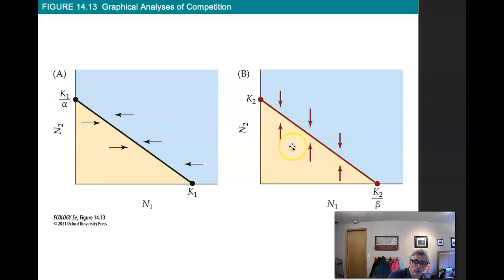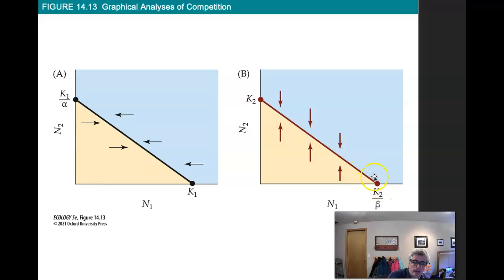Same thing is true over here. This is looking at species 2. So if we're over in this space, we have lots of extra wolves, they'll decline until we get to this isocline. And if we have too few wolves for that given population size of coyotes, we'll increase to here. So here with 0 coyotes, our wolf population will be at carrying capacity.